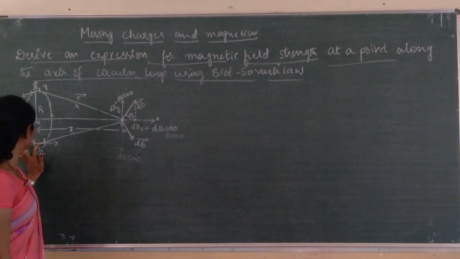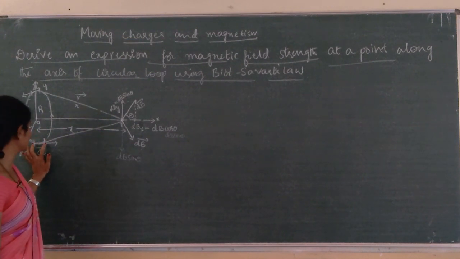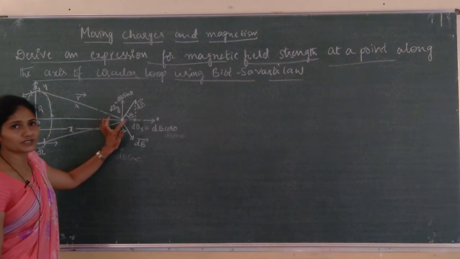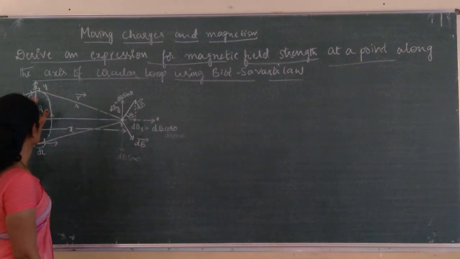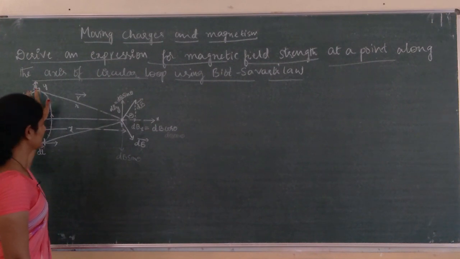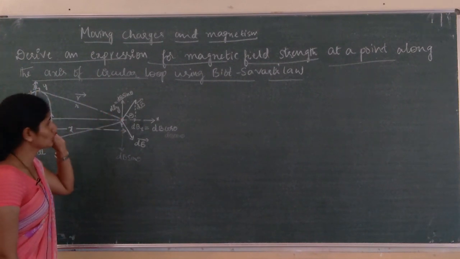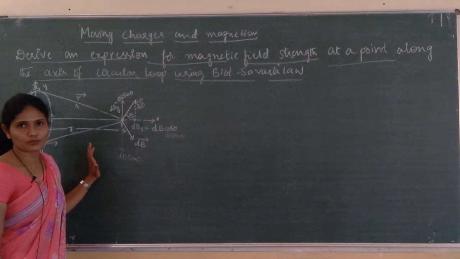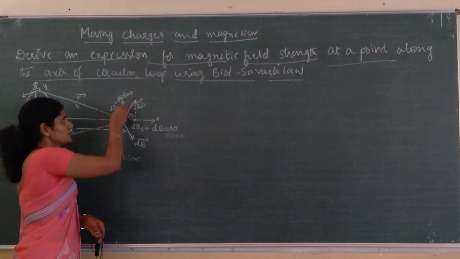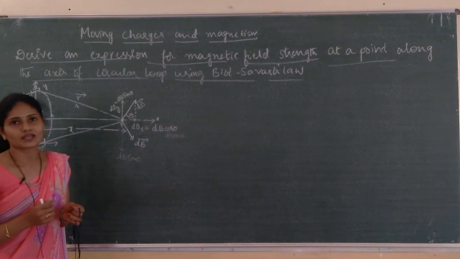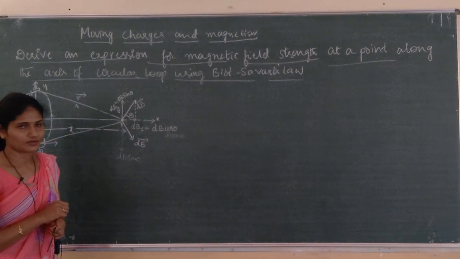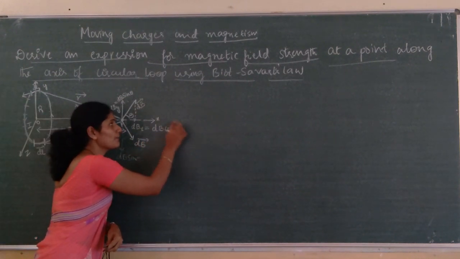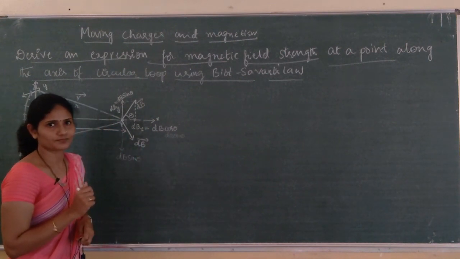The distance between this line element and the point P is equal to the distance between the other line element and the point P. So the magnitude of the magnetic field is the same, direction is opposite, therefore the perpendicular components cancel with each other. We are having only the parallel components, right.